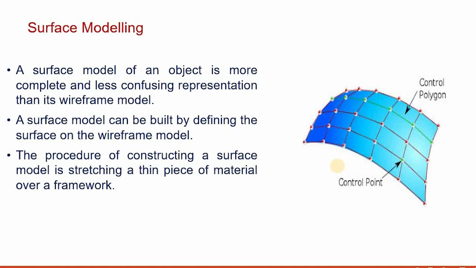A surface model can be built by defining the surface on the wireframe model. Already we constructed the wireframe model, so it provides the surface to that wireframe model. The procedure of constructing a surface model is like stretching a thin piece of material over a framework.